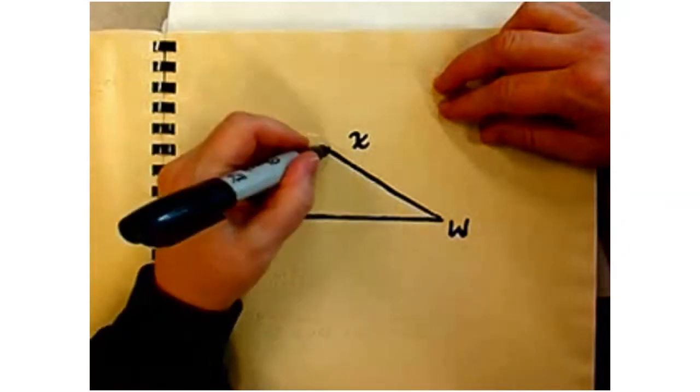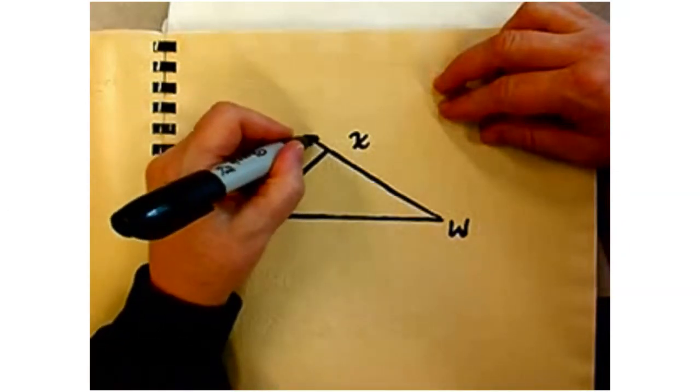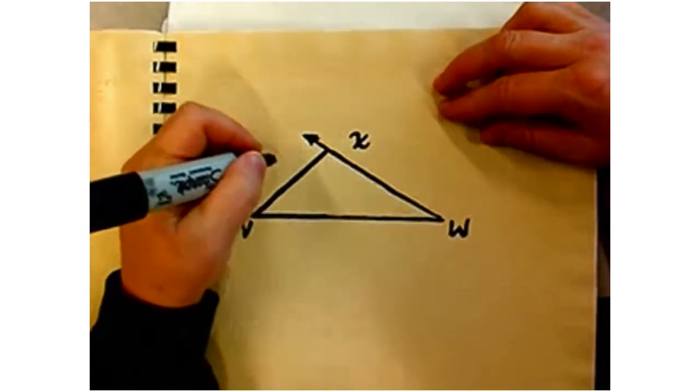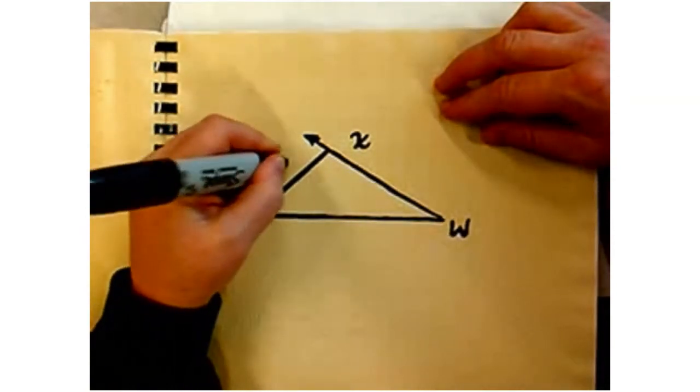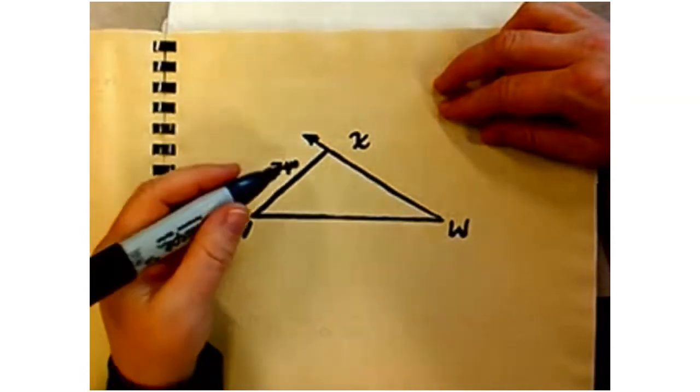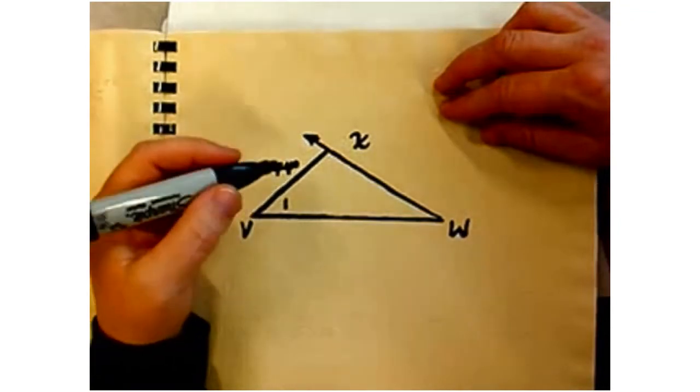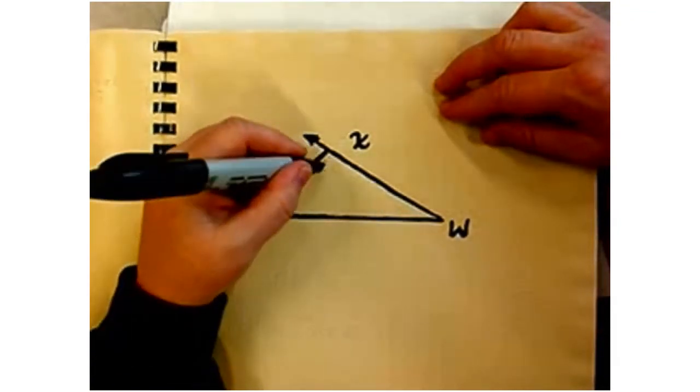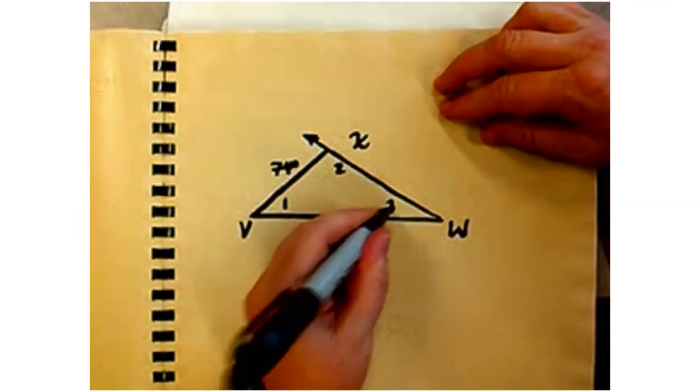XW, the right side, extends up with an arrowhead to create an exterior angle. That exterior angle is 74 degrees. They've labeled the interior angles angle 1 at V, angle 2 at X, and angle 3 at W.